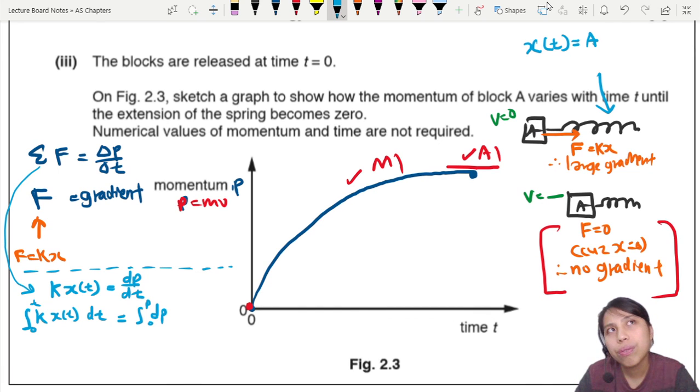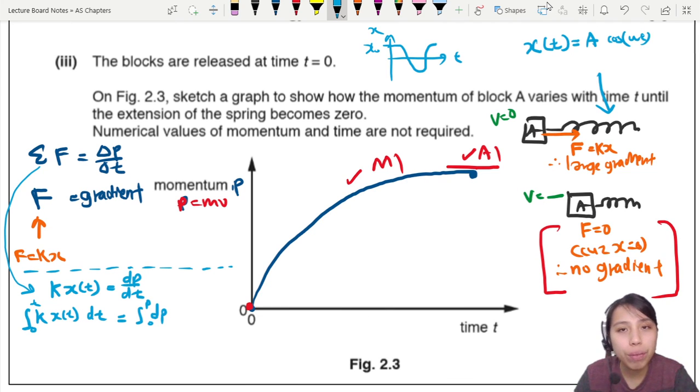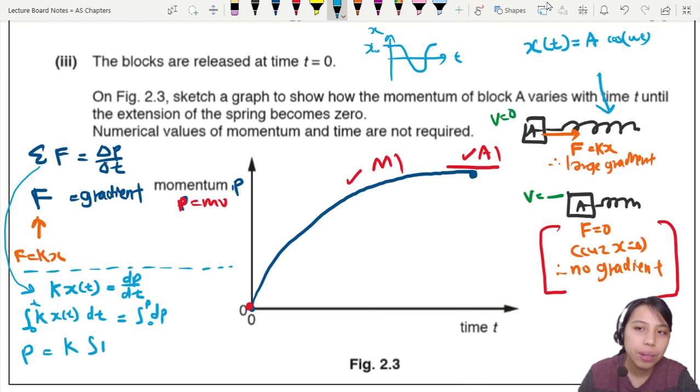And you start off with some extension, so I could draw a graph, some extension, and you start to oscillate. So this will be A cos omega t. This is a snippet of A2 physics where you learn about oscillation. A preview. So I can substitute inside here. Wait, my story is not done yet. Constant is k. x(t) is now A cos omega t dt. Then you integrate. Now you can integrate.